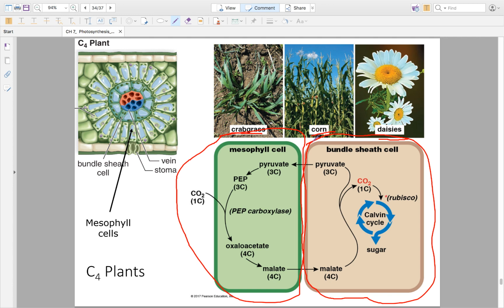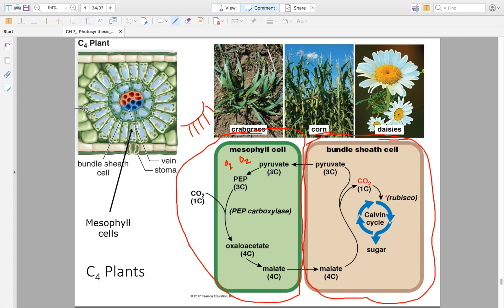So here's the issue. If the stomata is closed and the sun is out, the light reactions are happening. And what's the product of the light reactions aside from ATP and NADPH? Oxygen. You get tons and tons of oxygen, right? That's not necessarily a good thing because it can bind with Rubisco.